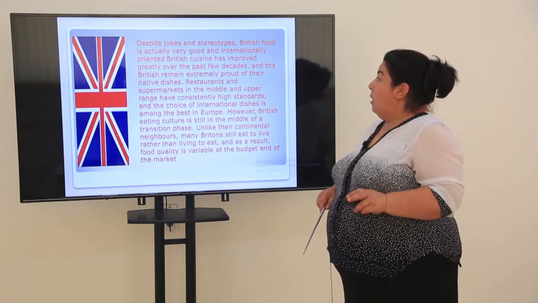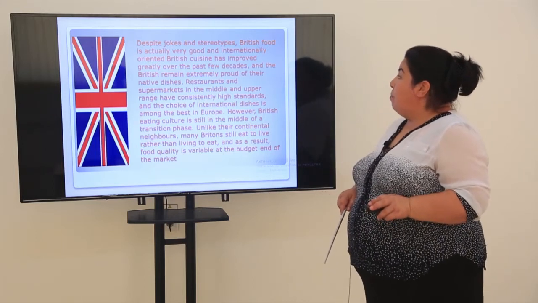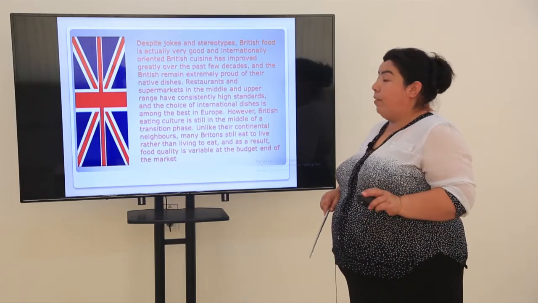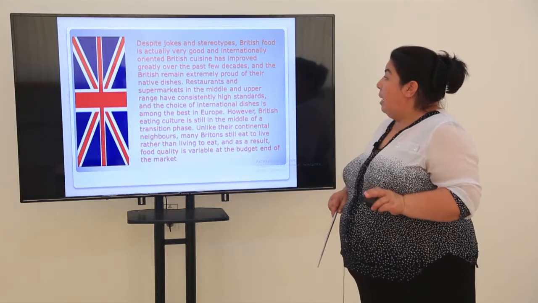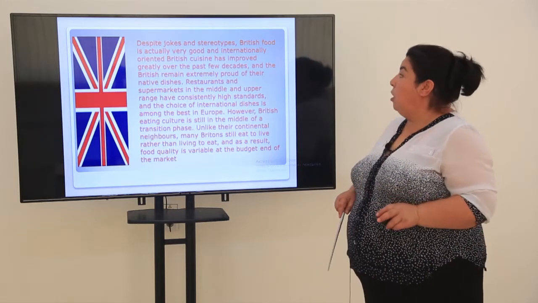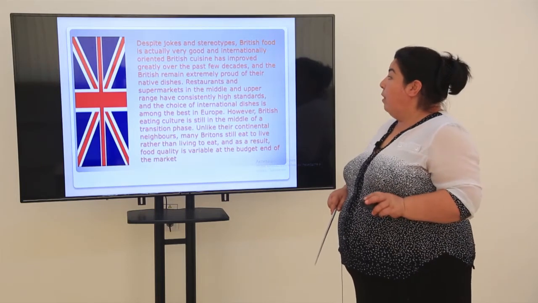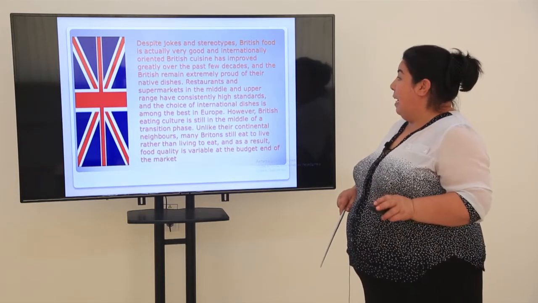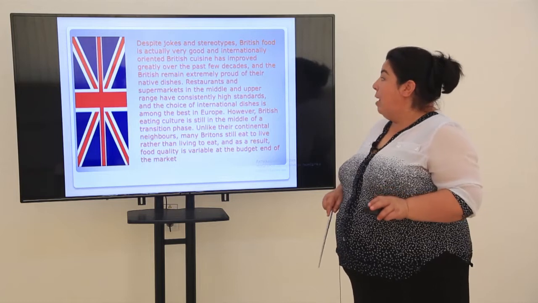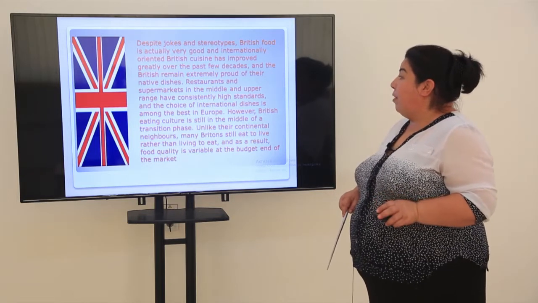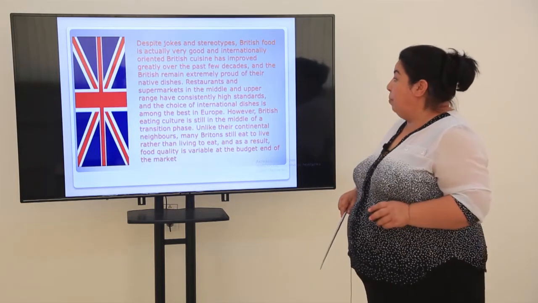Despite jokes and stereotypes, British food is actually very good, and internationally oriented British cuisine has improved greatly over the past few decades, and the British remain extremely proud of their native dishes.